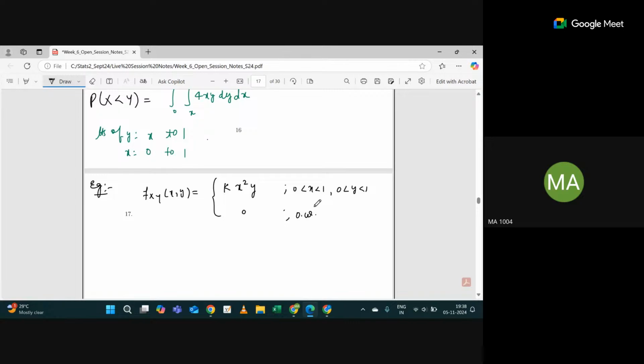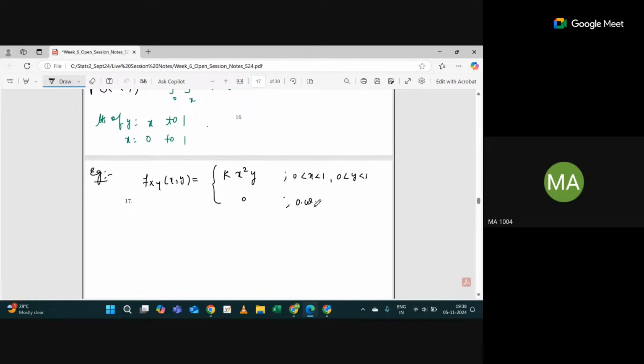Then my first question is find k such that this f(x,y) is a valid joint PDF. So just find the value of k and let me know. Okay, you have some 2 to 3 minutes.